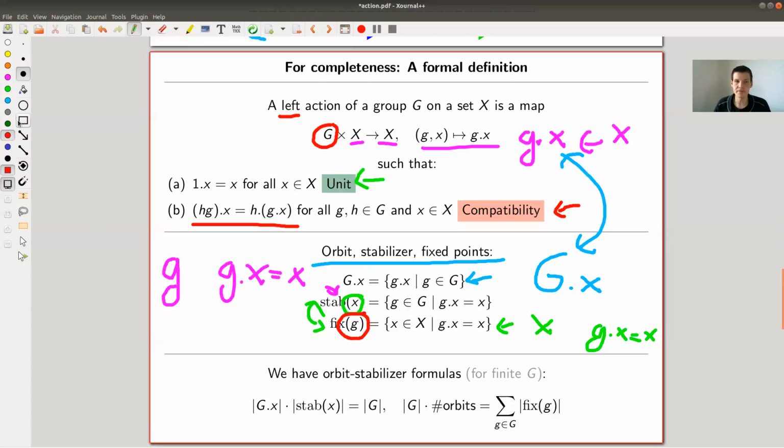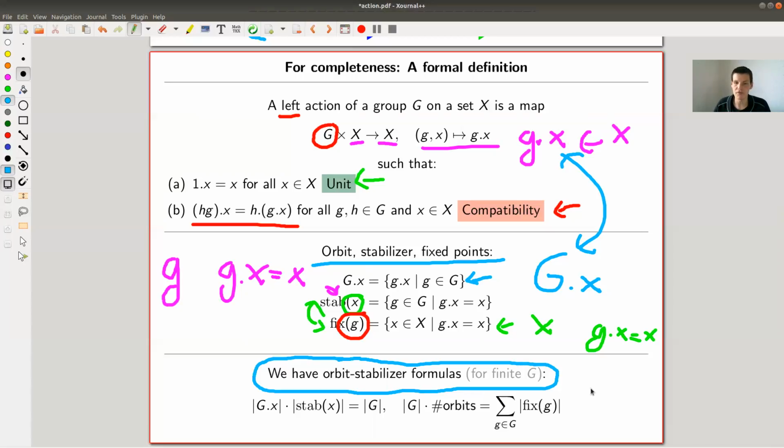The most important statement you can make about general group actions are the so-called orbit-stabilizer formulas. They come under various names, but orbit-stabilizer formulas is how I remember them. They involve an orbit and a stabilizer, or a fixed point, which is kind of the same anyway.